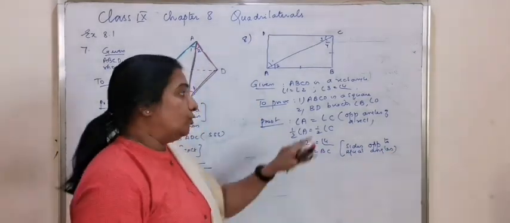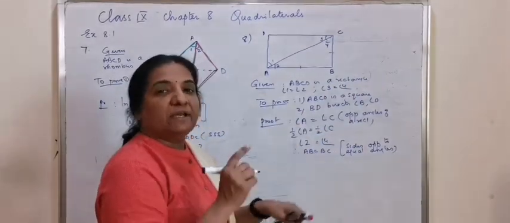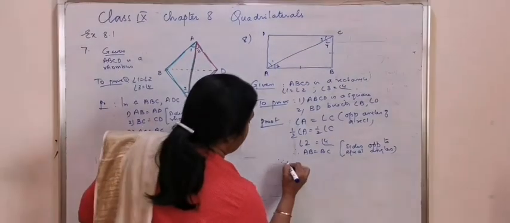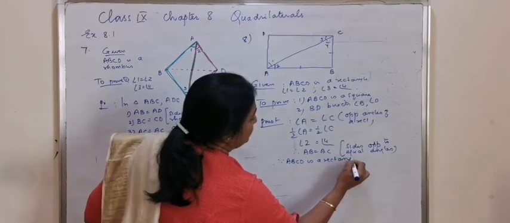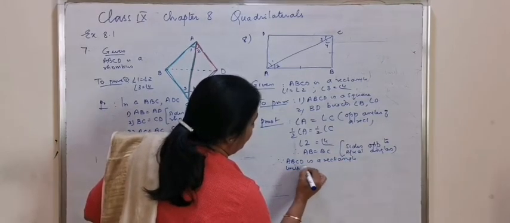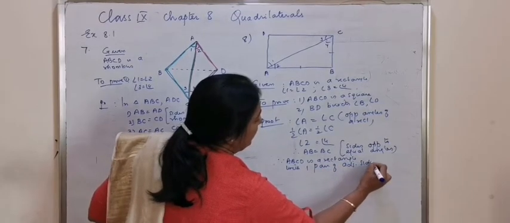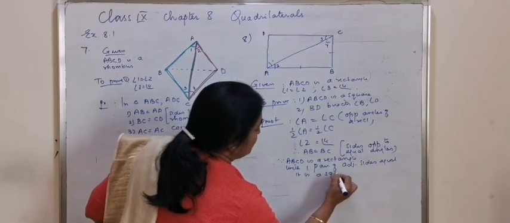That is, you could prove ABCD as a rectangle with one pair of adjacent sides equal, therefore it is a square. Since ABCD is a rectangle with one pair of adjacent sides equal, it is a square.